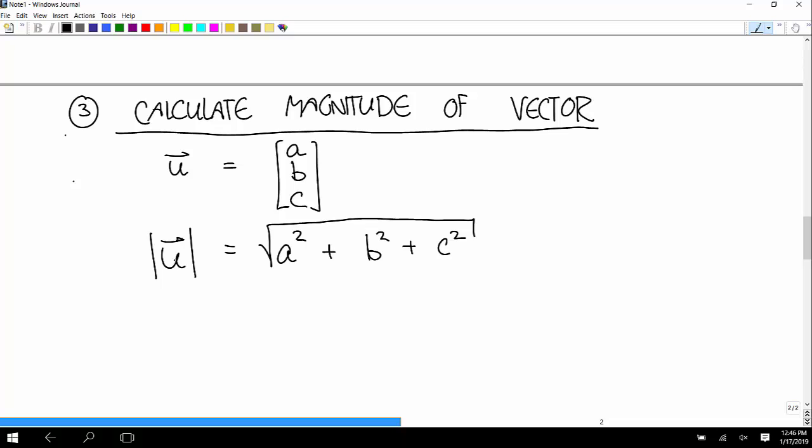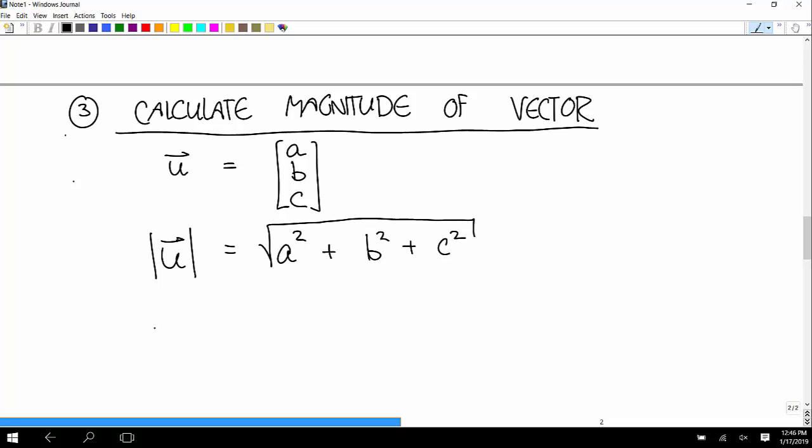It's easier to visualize in 2D, but it's the same thing in 3D. In 2D, you can imagine the components of a vector and the vector itself make a right triangle. And so the length of the hypotenuse of the right triangle is just the sum of the squares of the legs, square root.